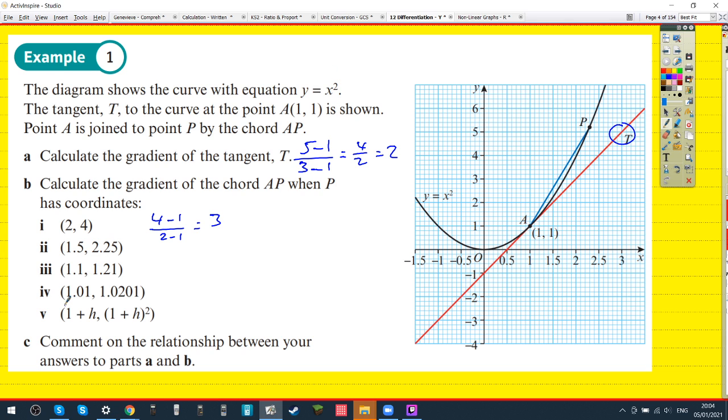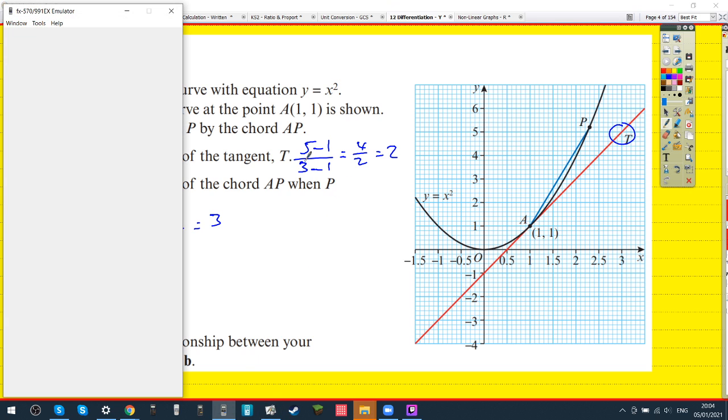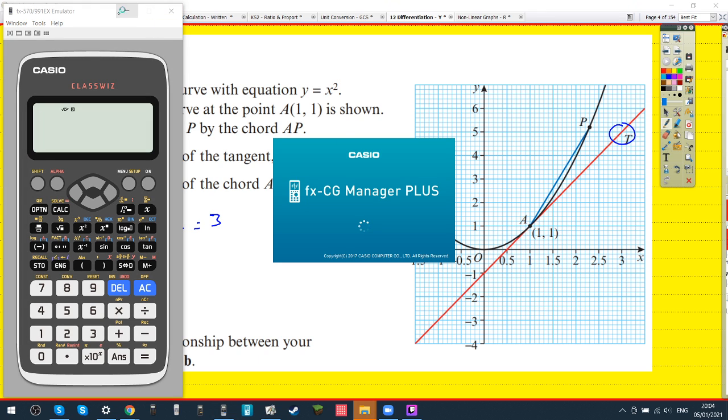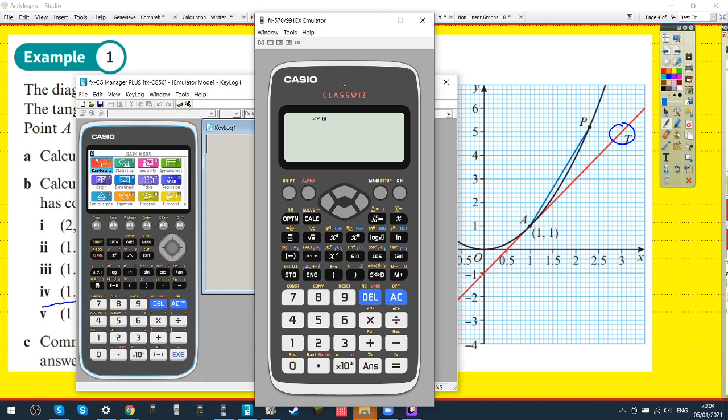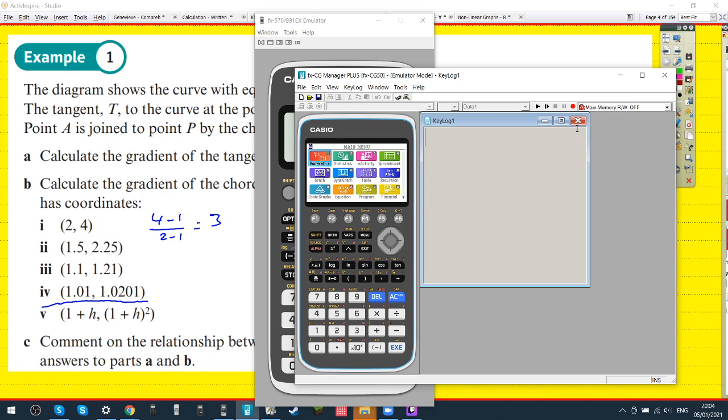And you can use a calculator. What would be this part 4? So 1.01 and 1.01 squared is the other number. You could just put it all in the calculator. You don't need to bother with the square malarkey. So are we working out the gradient still?